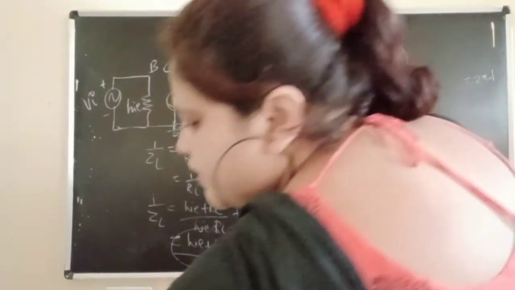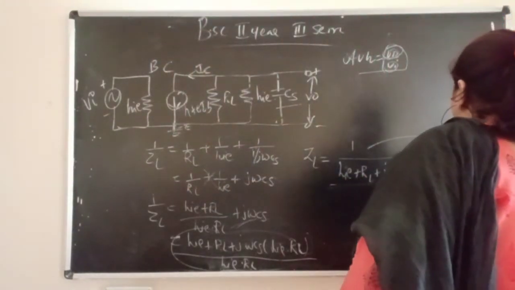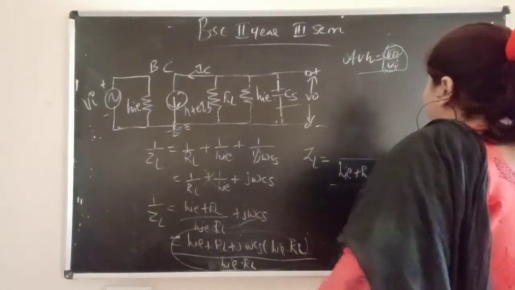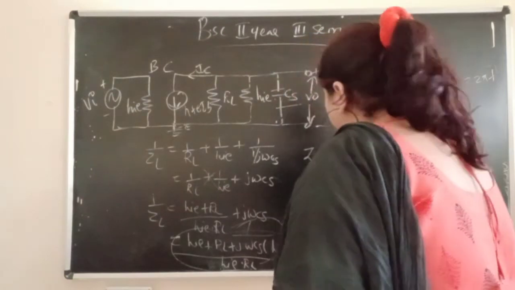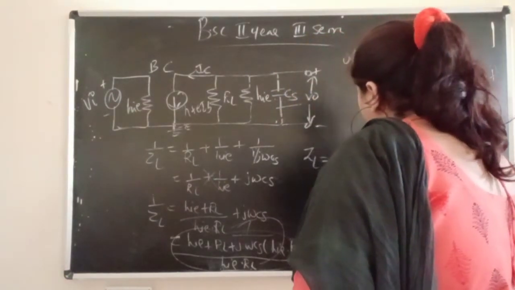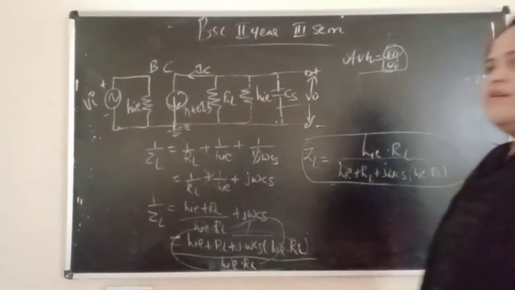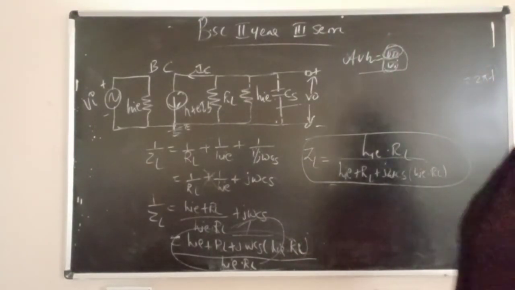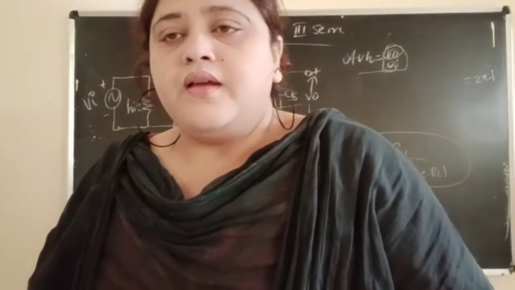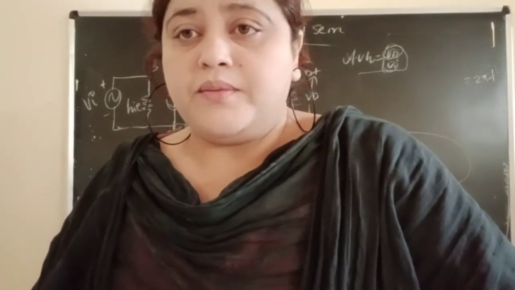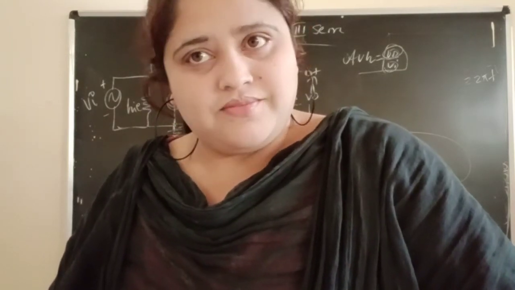Simply I will write this up, it is 1 by this whole thing, so I write HIE into RL. This is the ZL value we got. This ZL value is known as the effective load impedance. Why impedance? Because it is a combination with a capacitor.